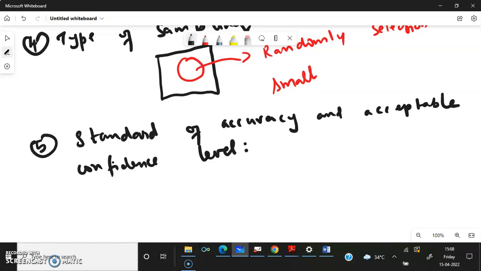If the standard of accuracy or level of precision is to be kept high, suppose I am going to set a 95% level of confidence, then we shall require a relatively large sample. You want a large sample.